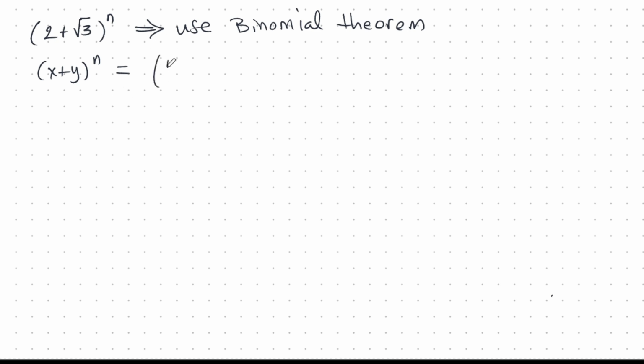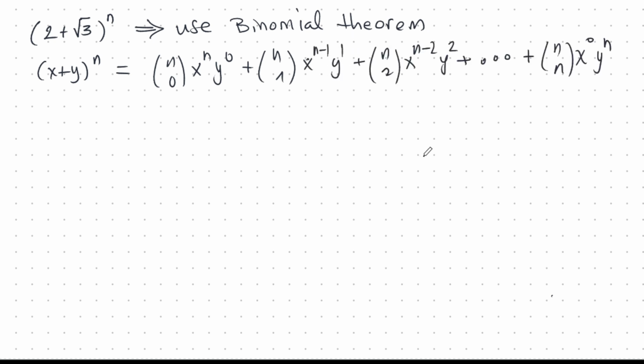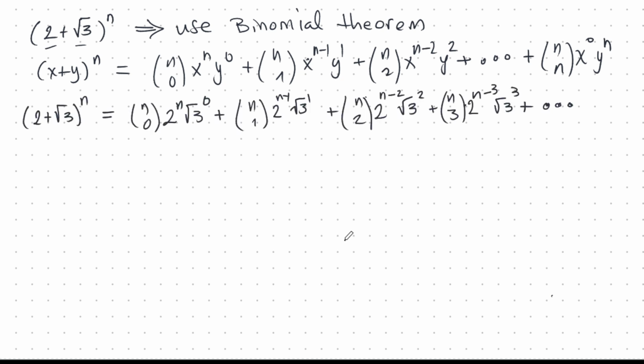I can start off like this, n choose 0, x to the n, y to the 0, plus n choose 1, x to the n minus 1, y to the 1. And so on all the way up to n choose n, x to the 0, y to the n. And now I just substitute 2 and root 3 for x and y. And I get this expansion. Okay, just a straightforward substitution.